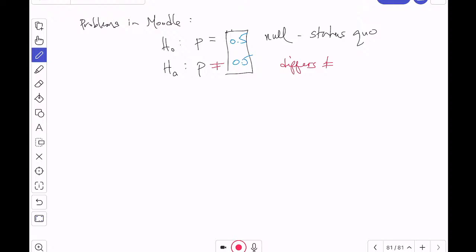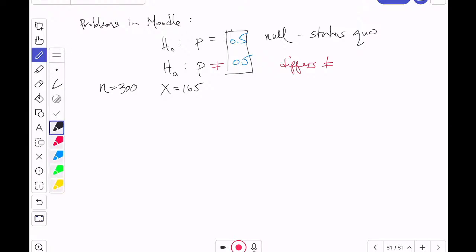So n is equal to 300, and 165 of them say that they support. The variable is the support for the Prime Minister.